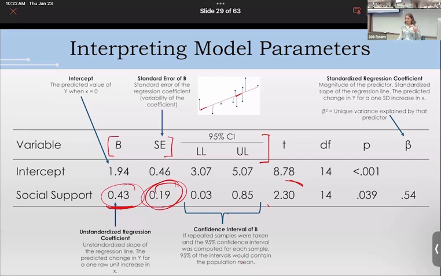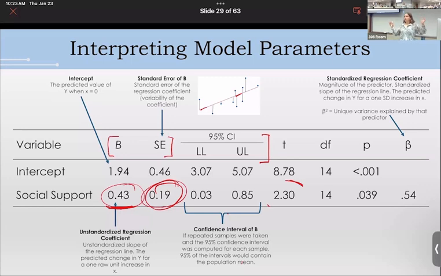Good. So what this is saying is for a 1 standard deviation increase in X, we would expect Y to increase by 0.54 standard deviations.